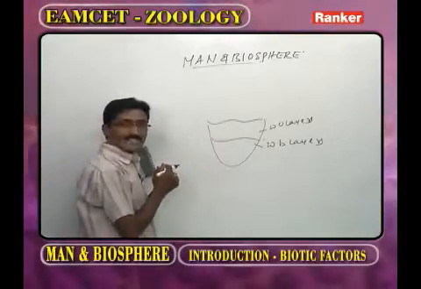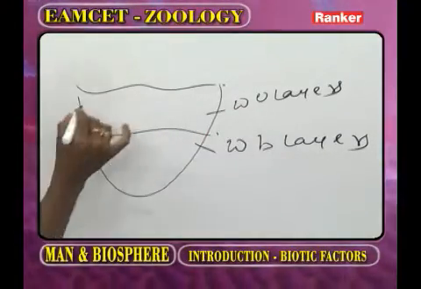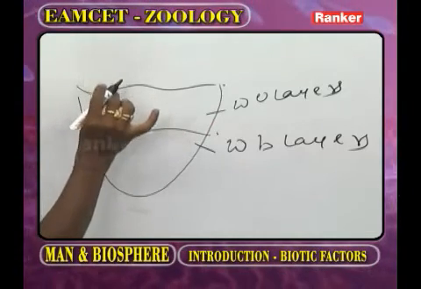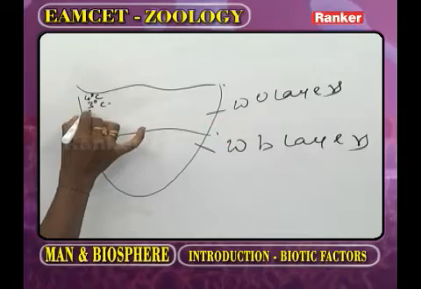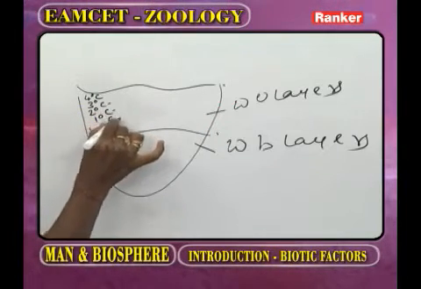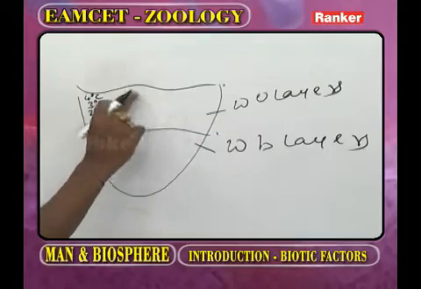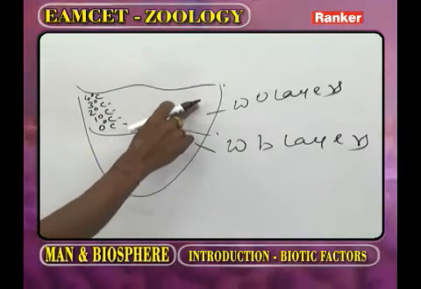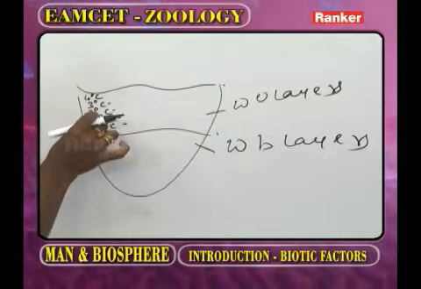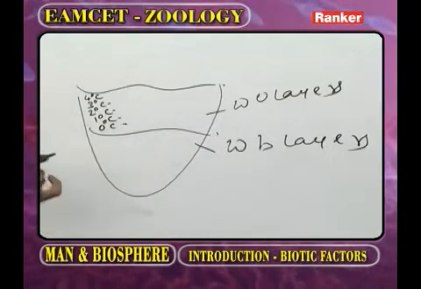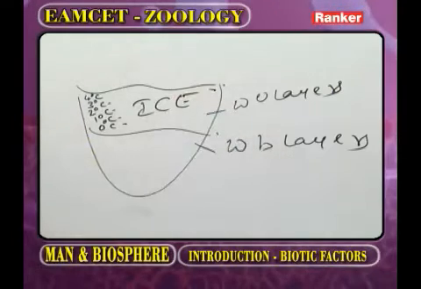In the winter season, the temperature of water in the upper layers slowly decreases: 4 degrees, 3 degrees, 2 degrees, 1 degree and 0 degrees centigrade. Now, in the upper layers, the water becomes ice.